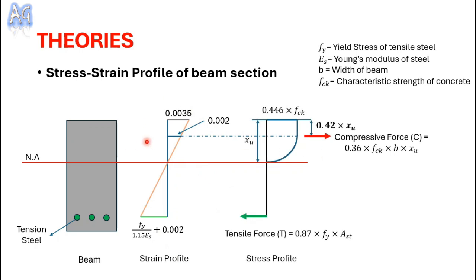So when concrete strain reaches 0.002, then it will have a constant stress value, that is 0.446 fck, and I have already discussed how 0.446 fck came.